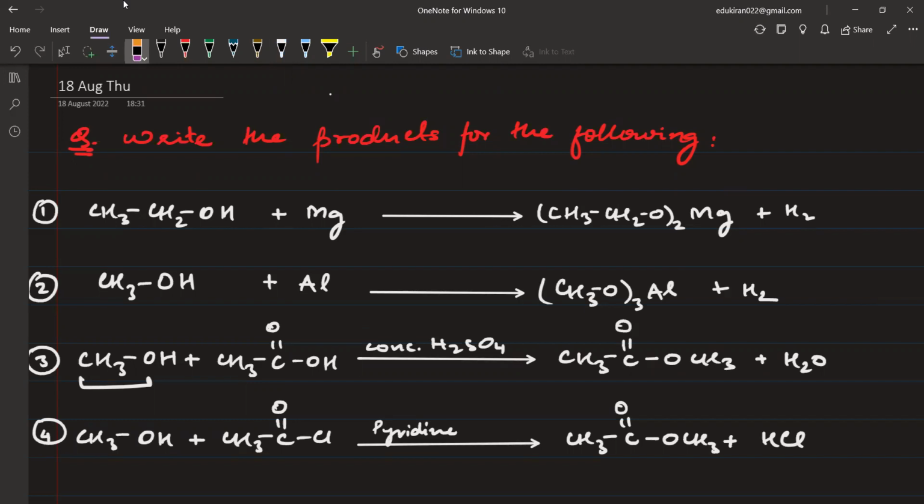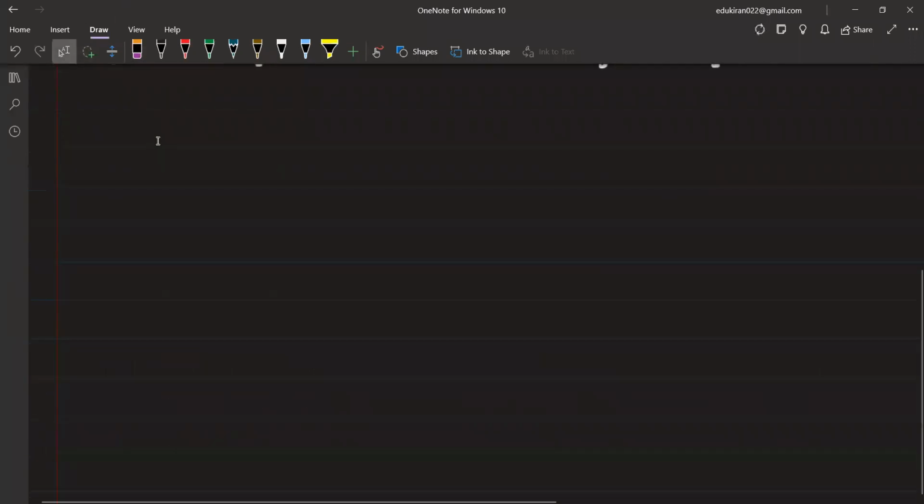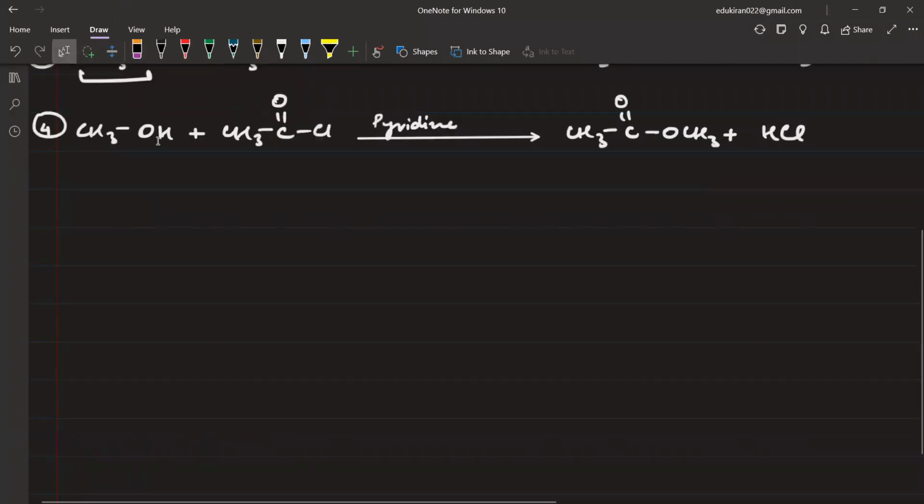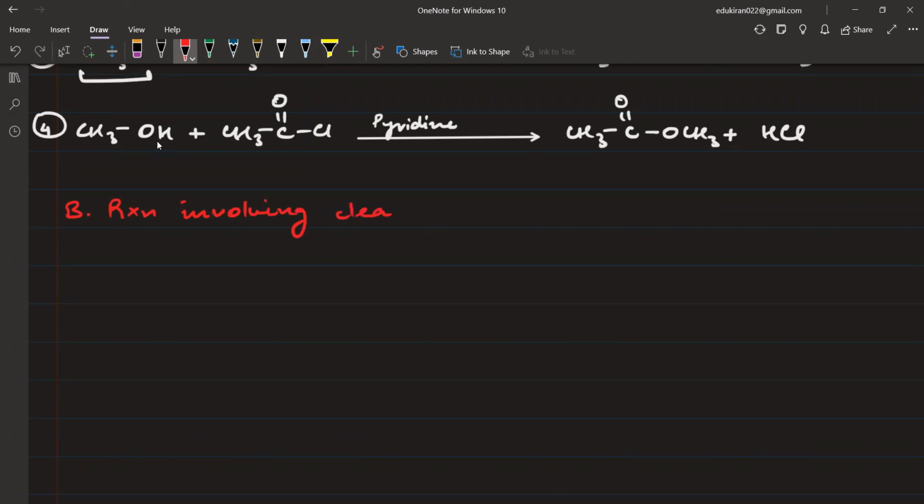चलिए. Right next, reactions involving cleavage of COH bond. Please write. These are the B types of reaction involving cleavage of COH bond.